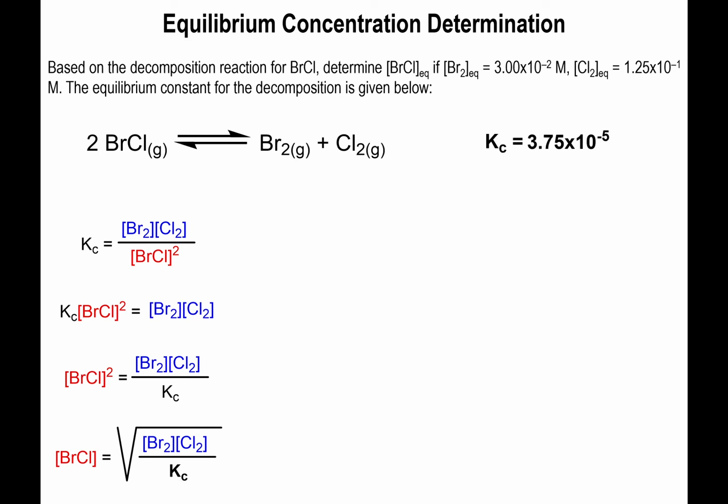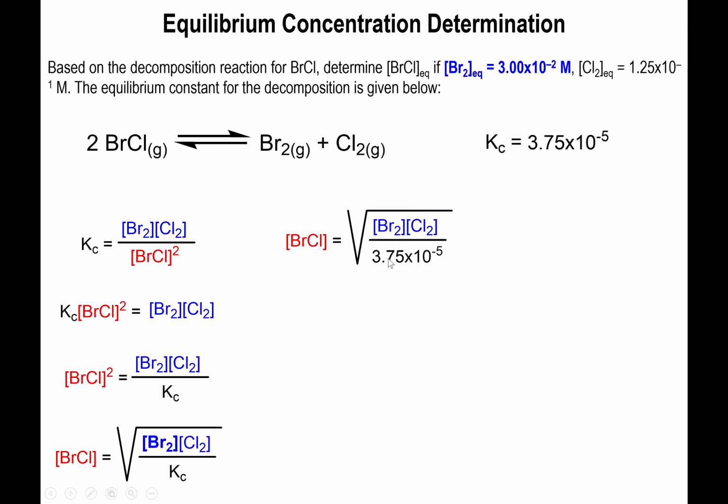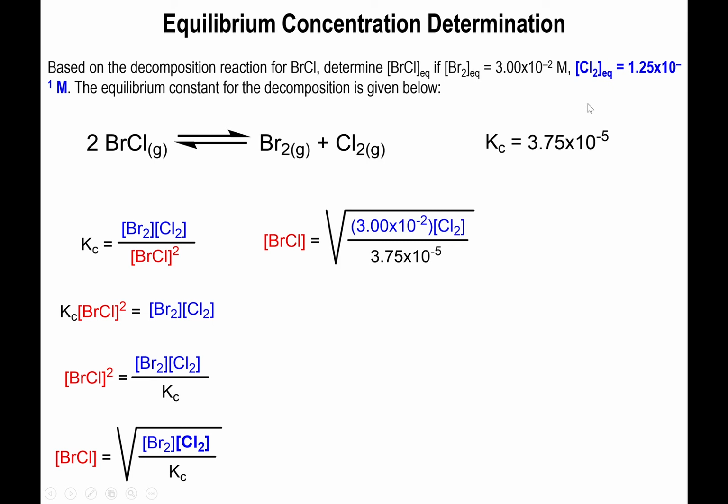So here we go. The equilibrium constant is 3.75 times 10 to the negative 5. So we input that in here. The Br2 concentration is 3 times 10 to the negative 2. So we're going to input that in the expression. And the Cl2 concentration is 1.25 times 10 to the negative 1. So we input that as well. And here we do our typical thing. Multiply 3 times 10 to the negative 2 by 1.25 times 10 to the negative 1.